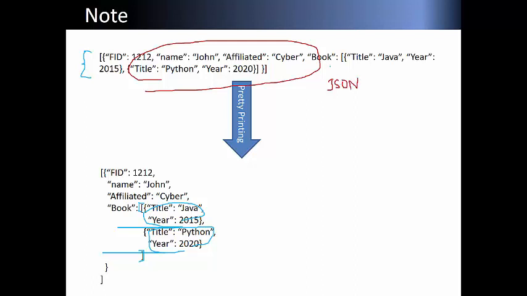JSON data, this is a document. This is not structured. Why? Because the value to book could be one only, a single attribute, then there's a structure. But in this case, it can be expanded further and further, depending upon the records. If it is John, then it could be 5 textbooks.